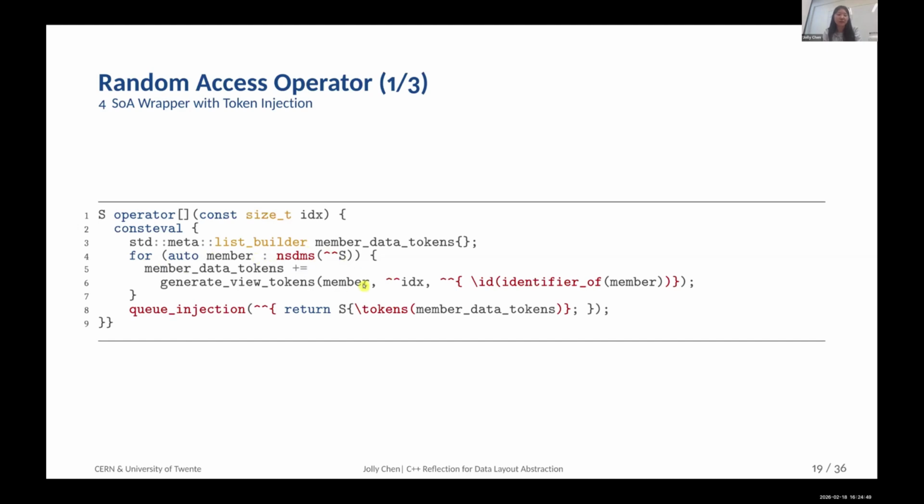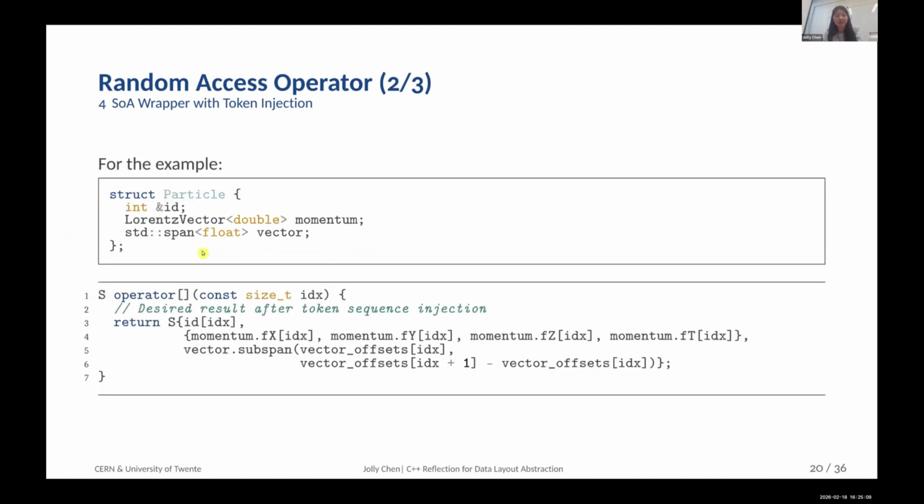And then we are gathering the code that you would need to access the elements within the SOA members, to populate this view structure that we have provided to the wrapper. So this access operator would, for this example, return the code as shown here.